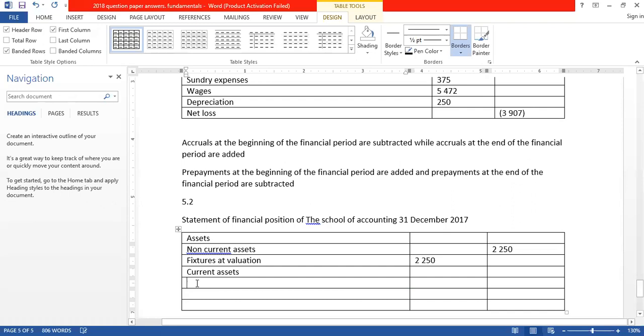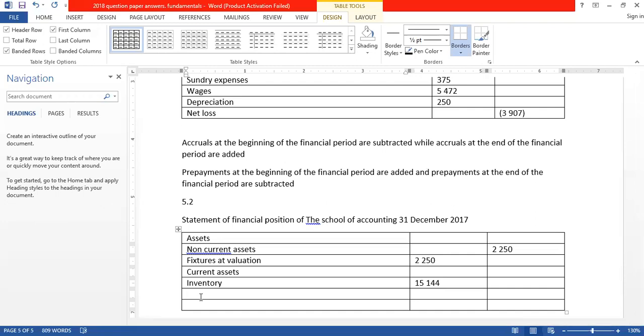We have a lot of current assets there. So what current assets can you see? Looking at our balances of 2017, obviously the first current asset that we have there is inventory, which is 15,144. Then we move on to our creditors.